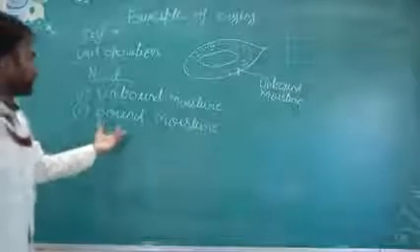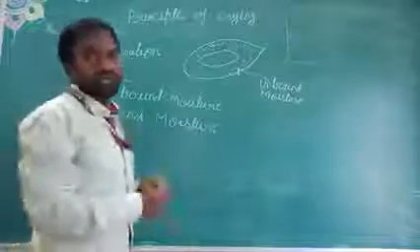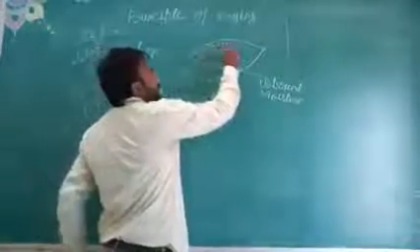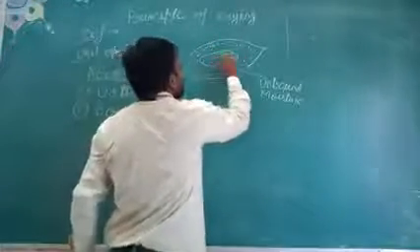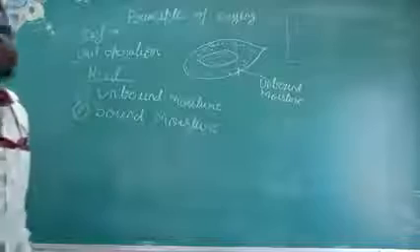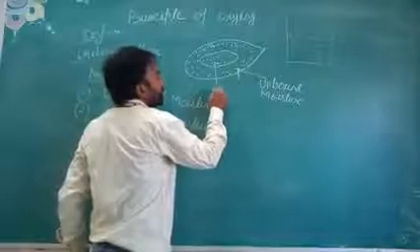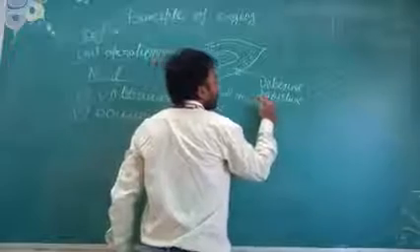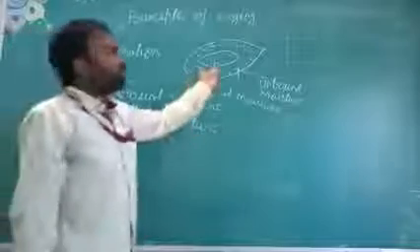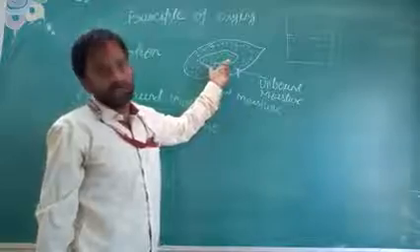Then again, we talk about bound moisture. Bound moisture is present in the inner part of the grain. It is called bound moisture. Bound moisture is with the absorbing material of the grain.